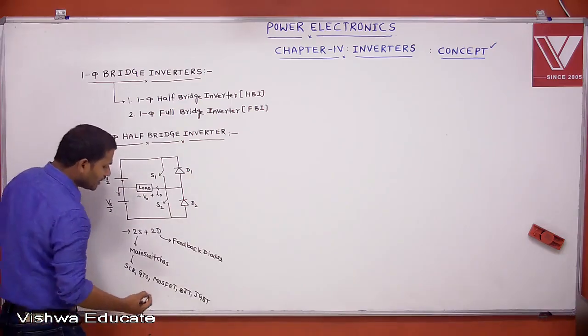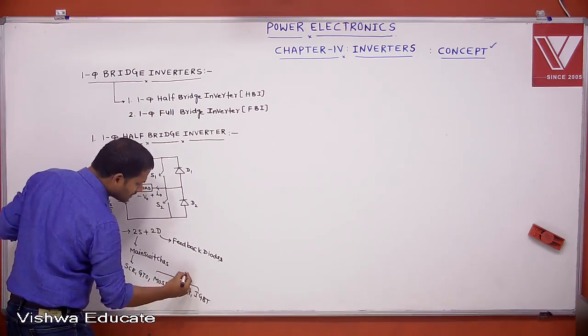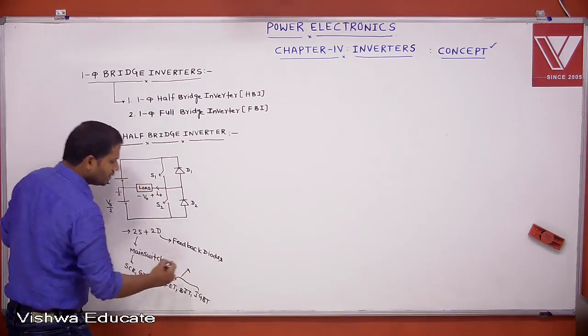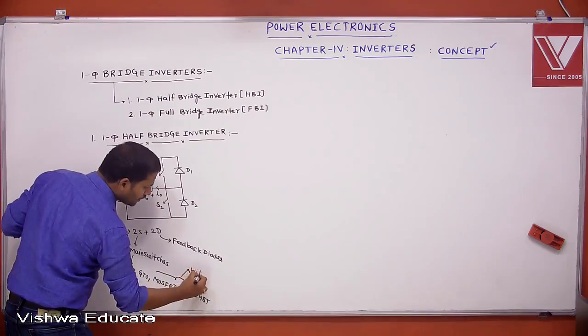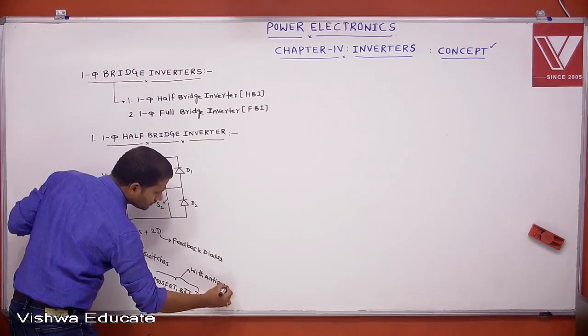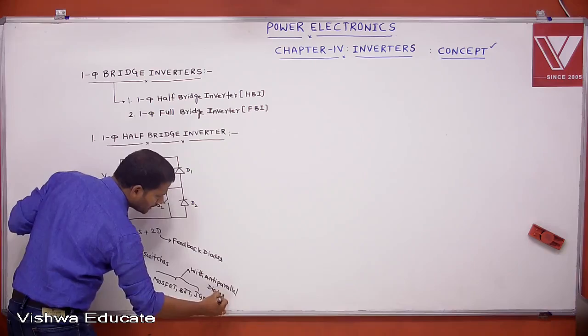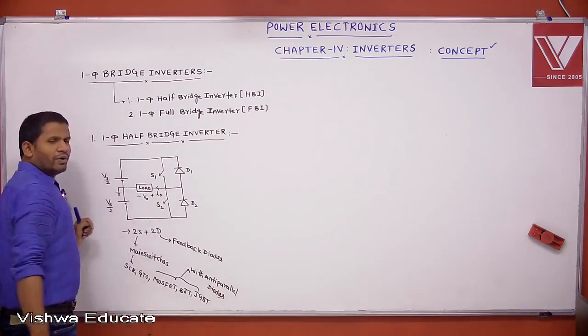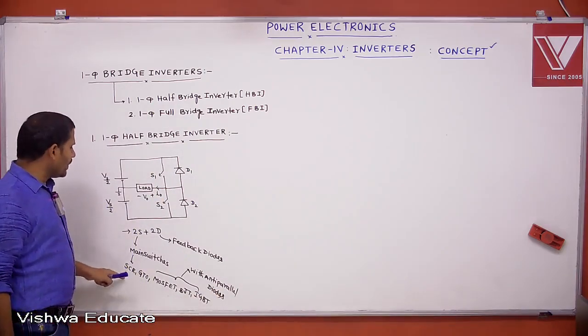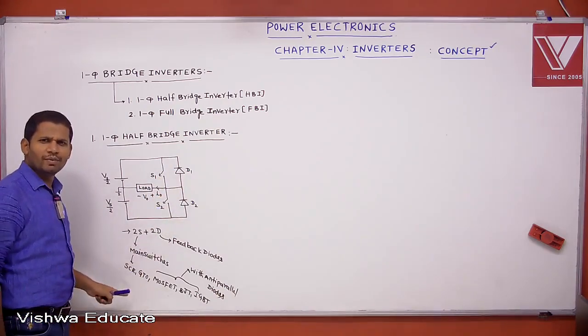Once we are using MOSFET, BJT and IGBT, we can use them with anti-parallel diodes. But once we are using SCR and GTO, here also we can use an anti-parallel diode. Those diodes are nothing but the feedback diodes.